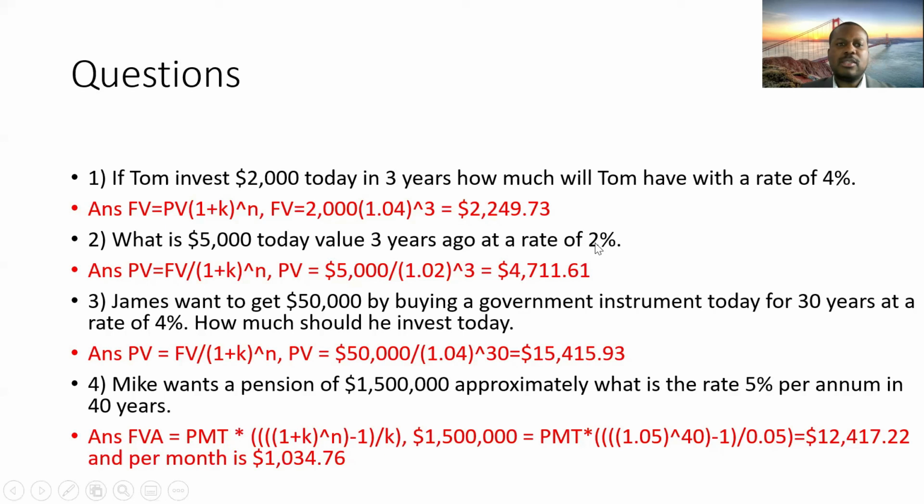All right, so it's 5,000, 3 years ago at a rate of 2%. Okay, so 2% and 3 years and 5,000.